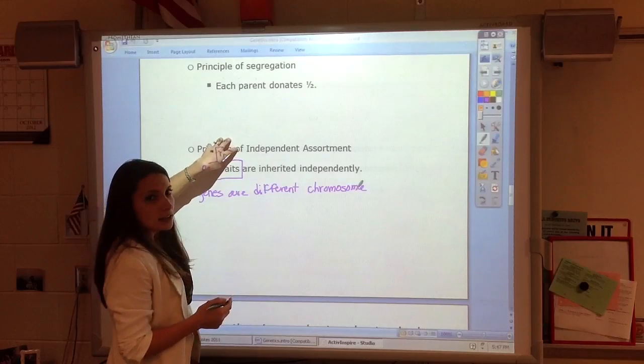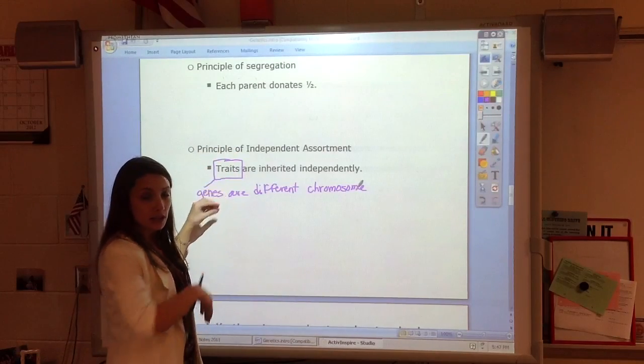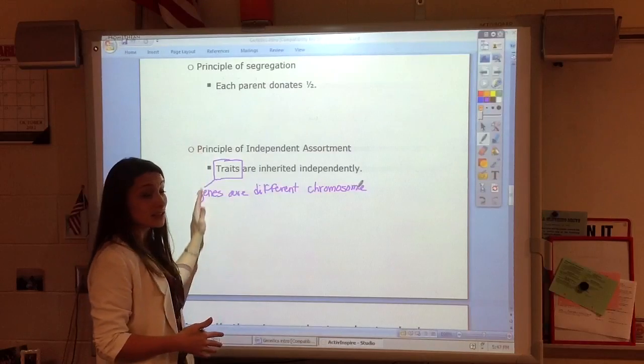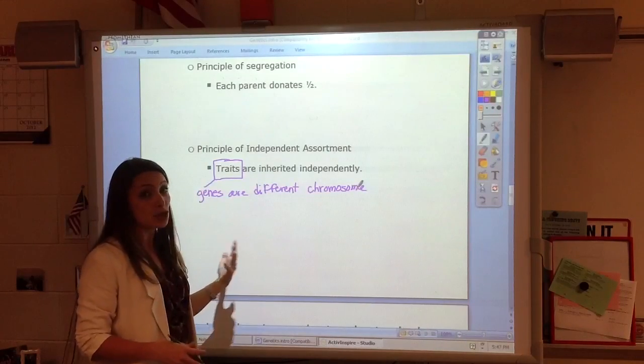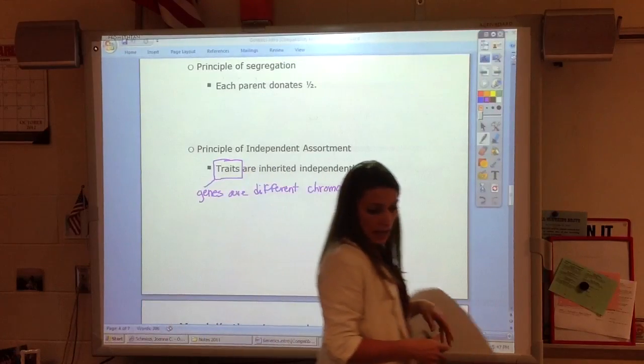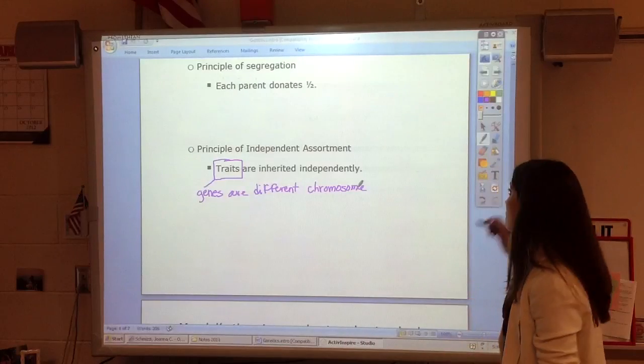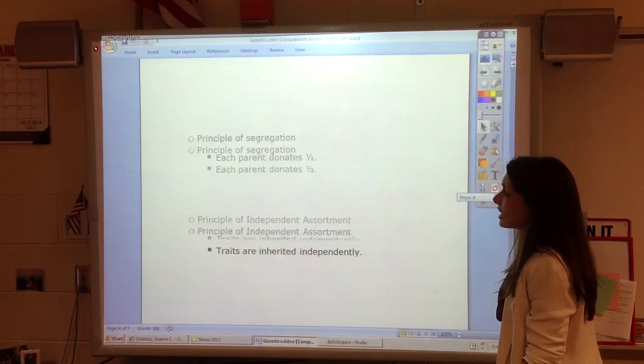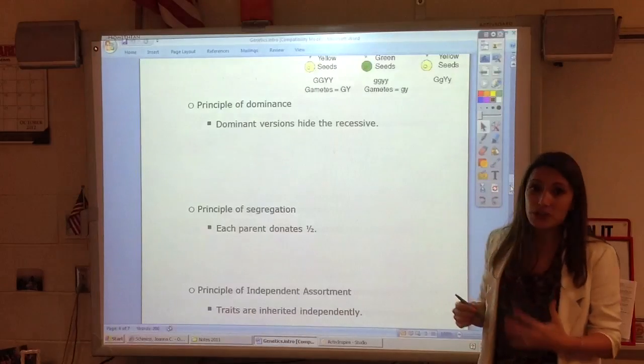So the basic idea is that one trait doesn't determine the second trait. Now, of course, as we go through, we're going to see exceptions to all of these rules, and that'll be in what we call non-Mendelian inheritance. This is where we're going to stop today and really try to make sure that we know these three principles.